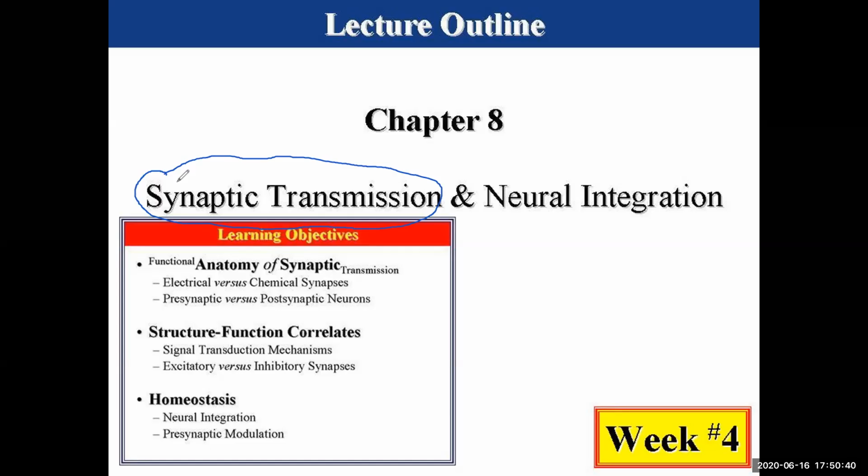So when we talk about synaptic transmission for the rest of the semester, we imply that we're talking about interaction, communication between at least two neurons, presynaptic neuron, postsynaptic neuron. And once we talk about synaptic transmission, meaning communication between neurons, it gives rise to something amazing. We call that integration, neural integration.